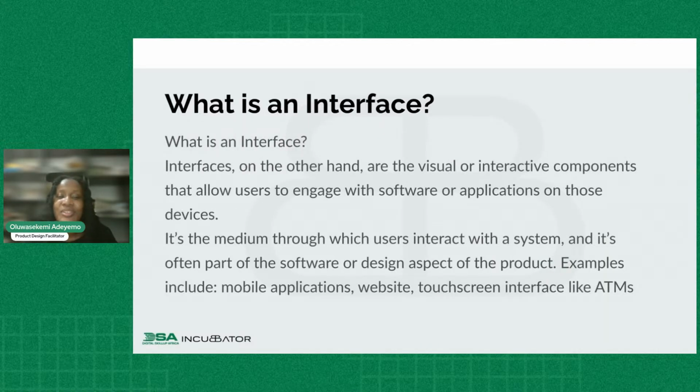So let's move on to what an interface is. An interface, on the other hand, is a visual or interactive component that allows users to engage with software or applications on those devices. So we have a phone, and we have WhatsApp. How do I interact with WhatsApp?